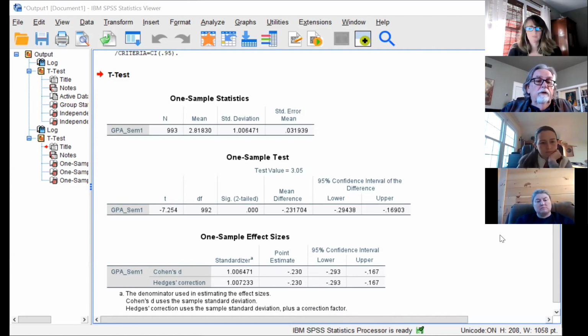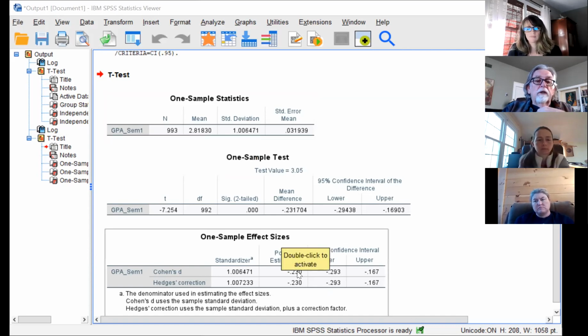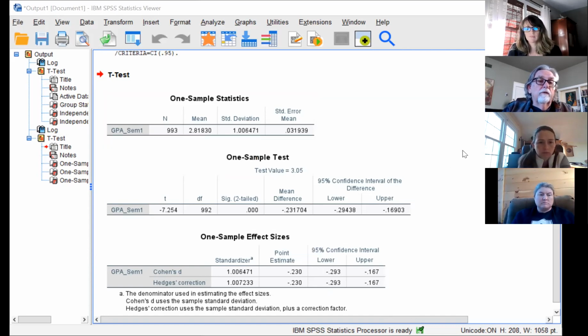But I will give you a reading on Cohen's d, so you can understand what that means. But let's say this is a significant difference, but probably not a huge one. It is significant, though. It's outside of that 95% middle range.